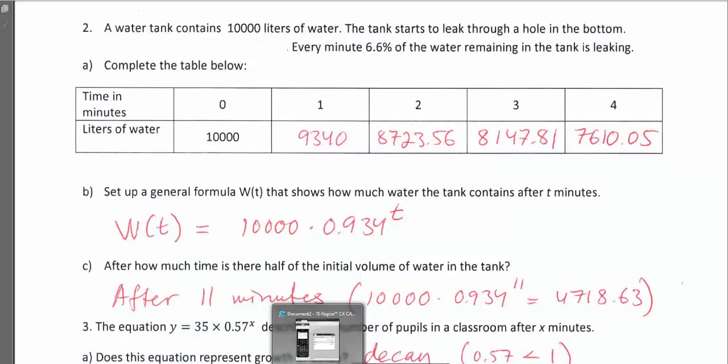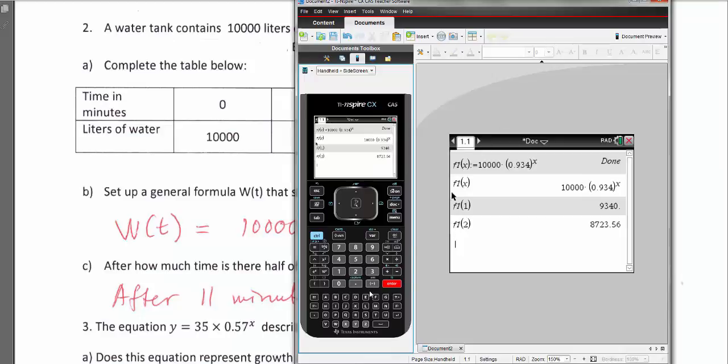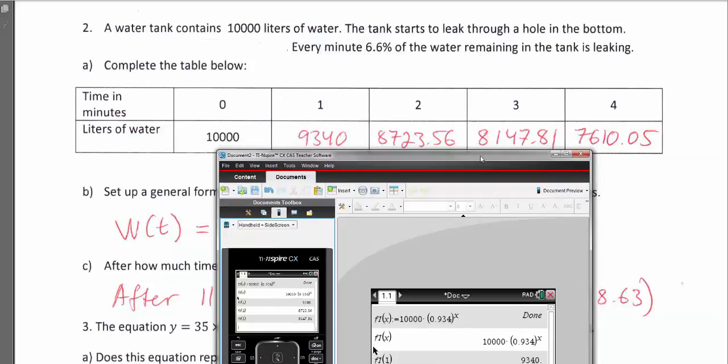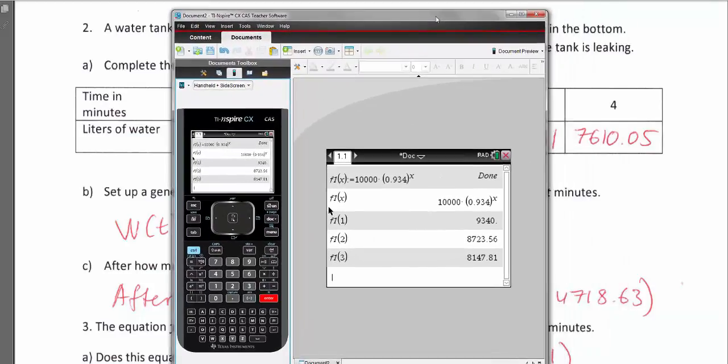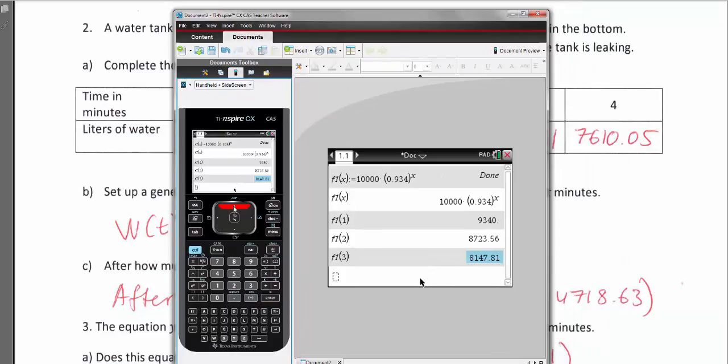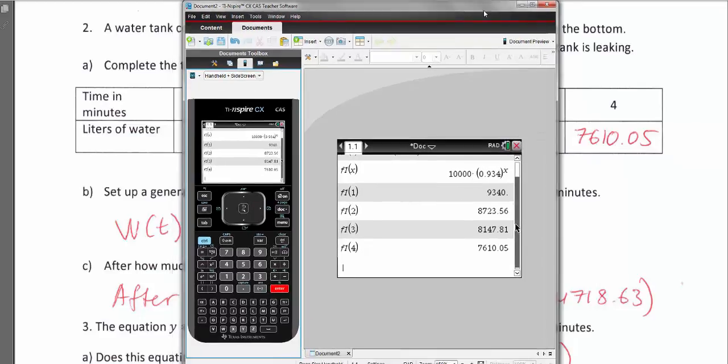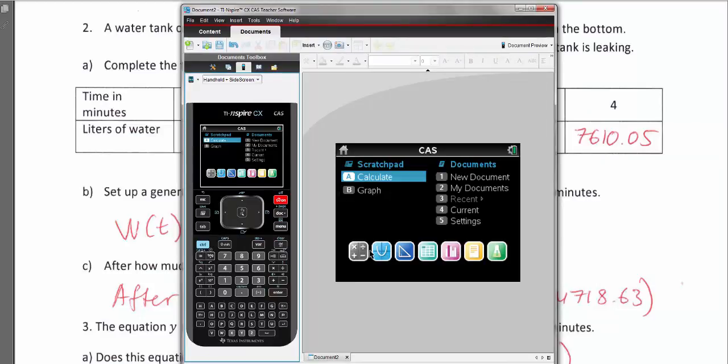Now, the third, after 3 minutes, would be f1 of 3, 8,147.81. Correct. And then after 4 minutes, 7,610.05 liters. Okay, so if we would like to study this function, how would it look like?